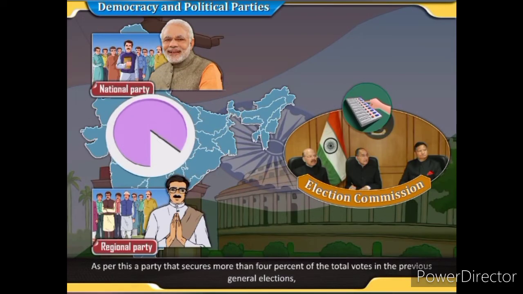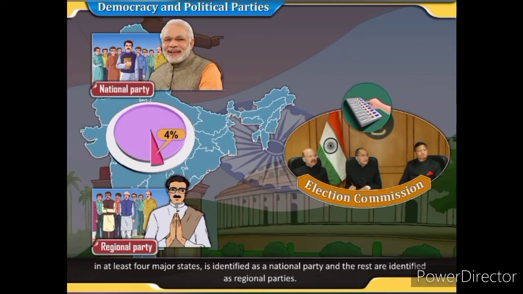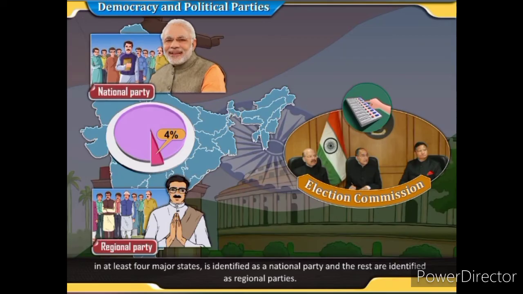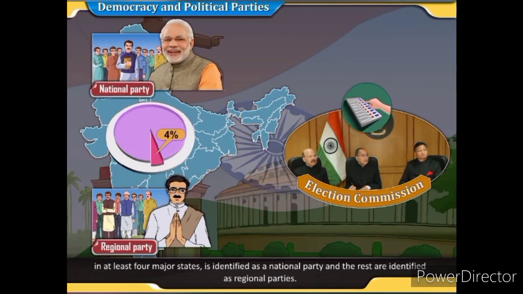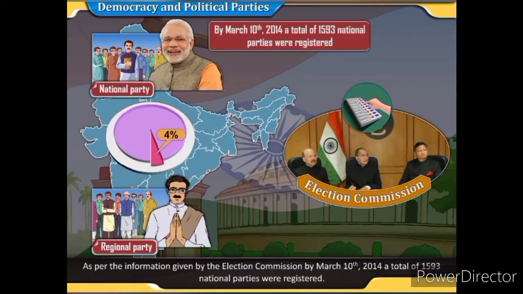As per this, a party that secures more than 4% of the total votes in the previous general elections in at least 4 major states is identified as a national party, and the rest are identified as regional parties.